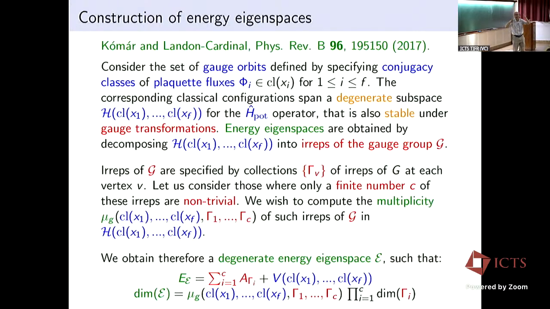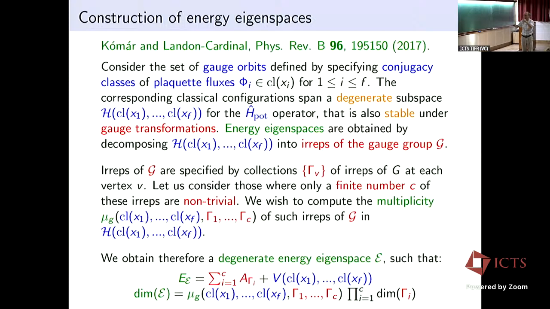Physically, choosing an irrep means choosing, at a site, a type of non-abelian charge at that site. And we are going to consider those irreps where only a finite number C of charges are non-trivial. So the key idea now is to compute the multiplicity of that particular representation on the Hilbert space that is attached to the orbits that have the specified conjugacy classes of the different plaquette fluxes.